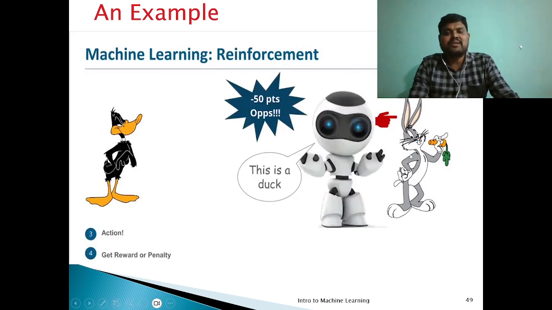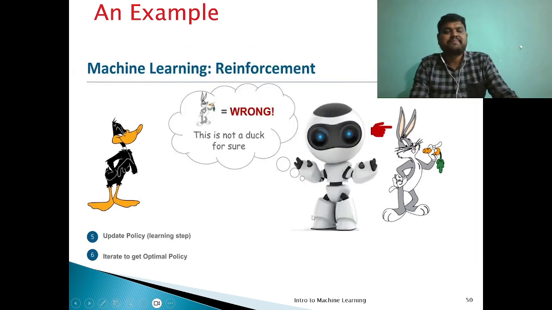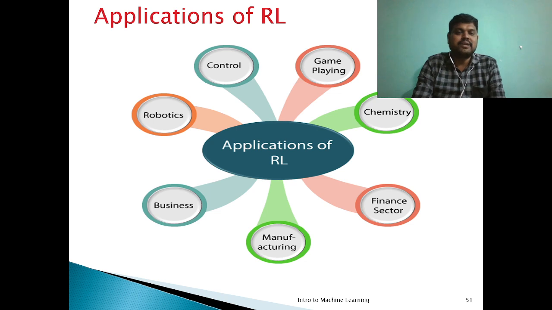If the prediction goes wrong, then the agent should be punished or a penalty will be given, right? So this is the concept of reinforcement learning. These are all the applications where reinforcement learning is used: robotics, gameplay, controlling, business, manufacturing, right?